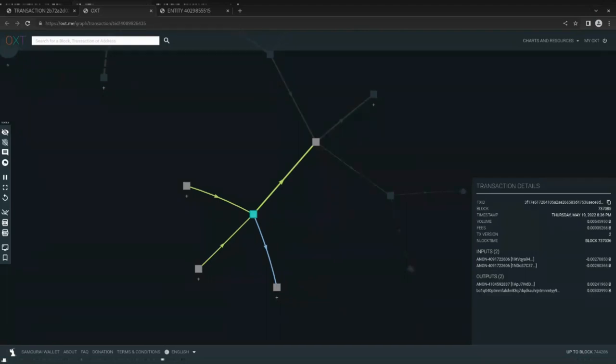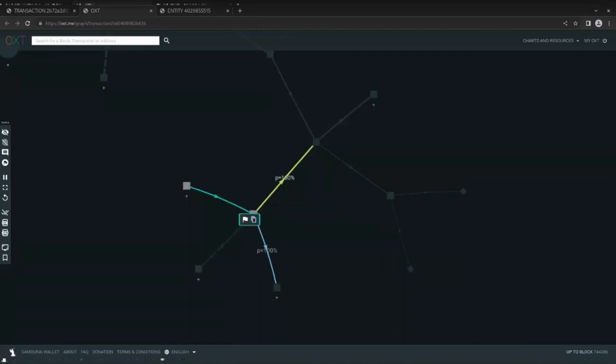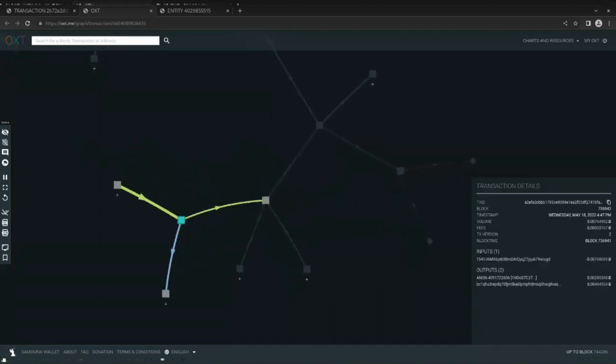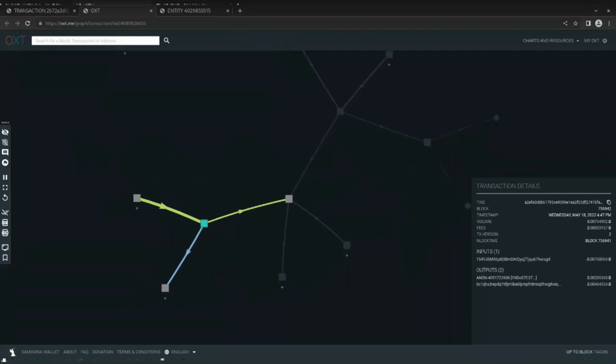Again, the 0.03 roughly Bitcoin output is the likely payment, right? It's even to a different script type. And again, we have 2 inputs that we can continue to traverse back and continue to search for this wallet activity.